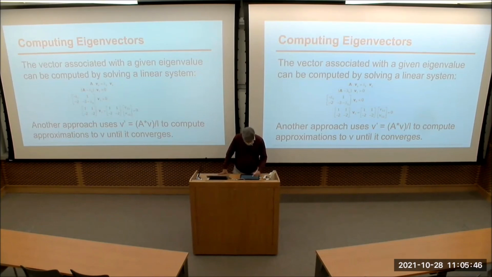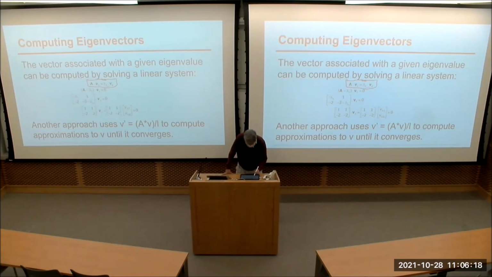We know that the defining equation for an eigenvalue, eigenvector pair was A times V equals lambda, the corresponding eigenvalue, times V. If I have A and I know the eigenvalue, I can rearrange, adding minus lambda times V to that side.